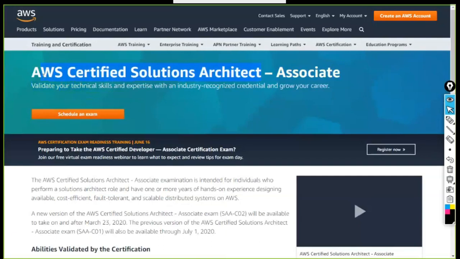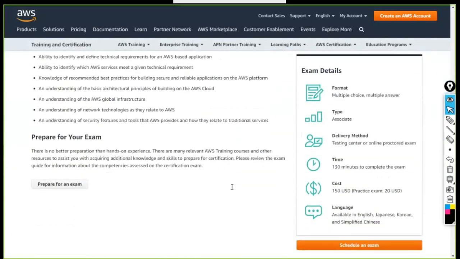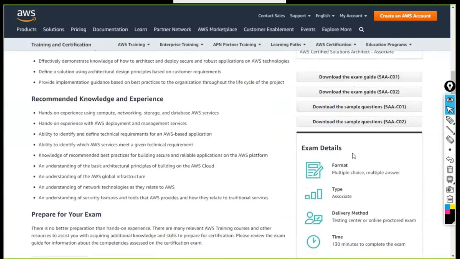This is going to be our target, the associate level. If you look here, you have C01 and C02. This is what I was highlighting in the earlier slides. The C01 is going to get retired, so we are going to make use of the C02 certification exclusively.